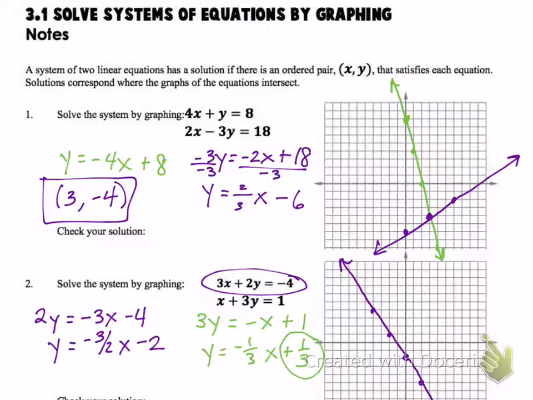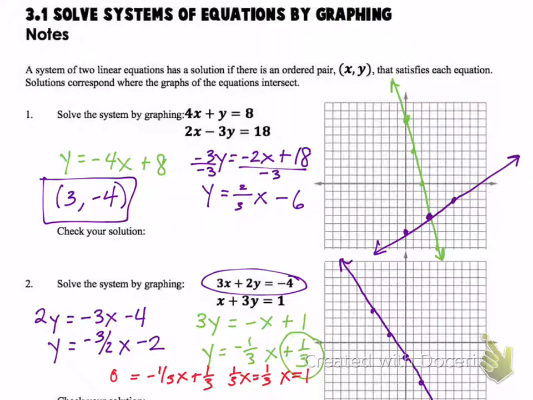So if I'm solving for the x-intercept, what do I need to do? I set what equal to 0? Y. So I'm going to set y equal to 0. So 0 equals negative 1/3 x plus 1/3. So if I'm solving, 1/3 x equals 1/3. And you end up getting the x-intercept equals 1.